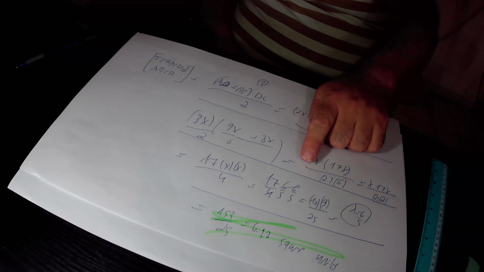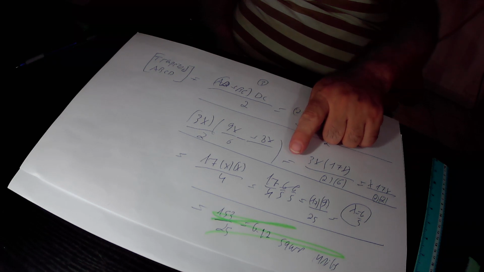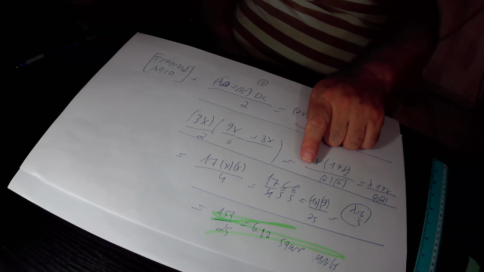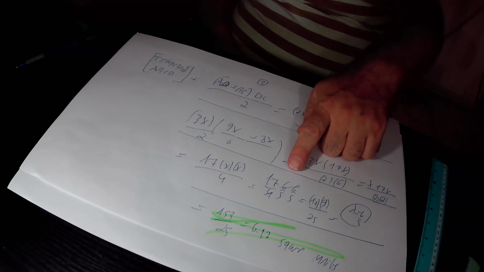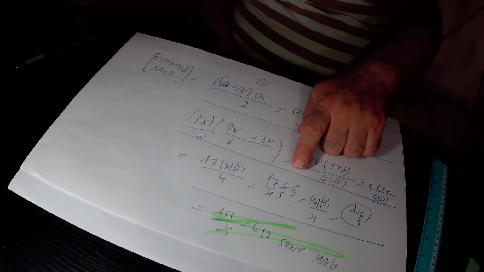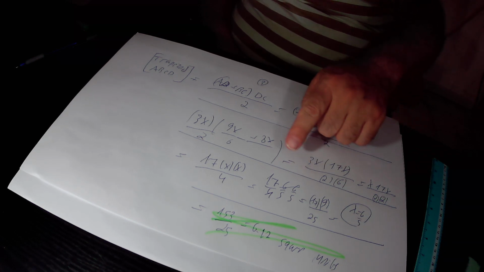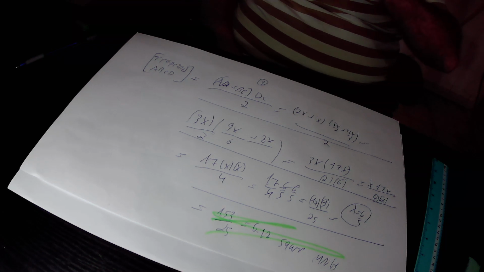So in total the area of the trapezoid ABCD equals 17 over 4 times 6/5 times 6/5. 6 times 6 is 36, and 36 over 4 is 9. So we cancel these numbers and substitute them by 9, because 36 over 4 is 9.